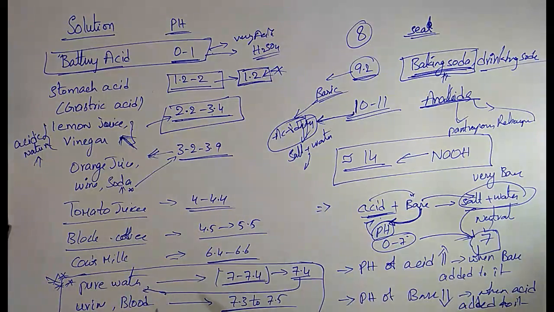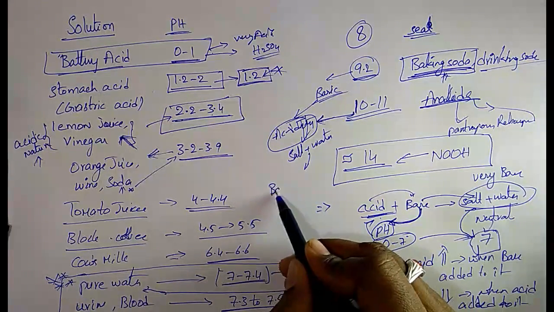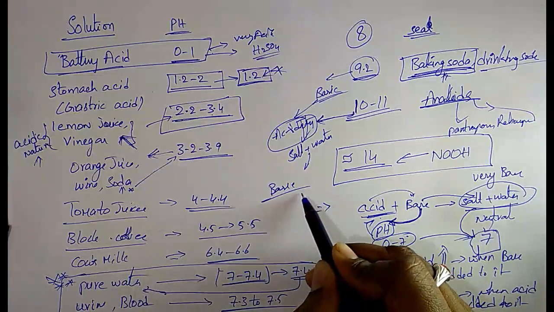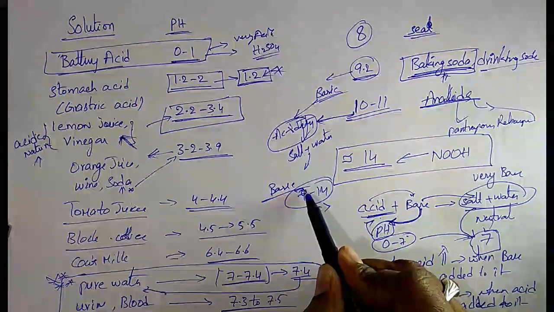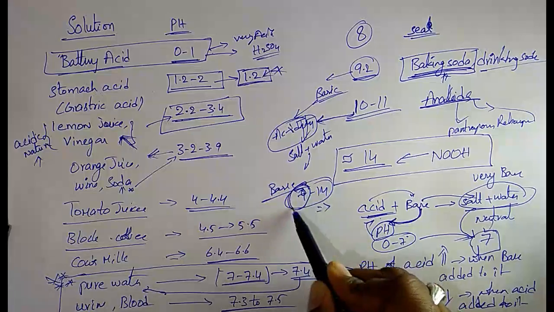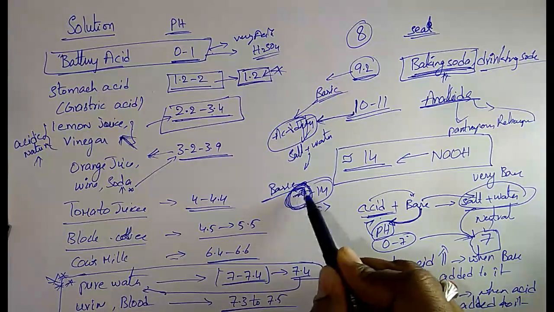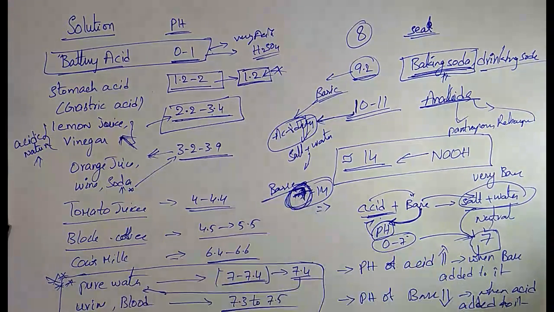We know that bases have a pH value of 7 to 14. The base pH value is reduced when we add the acid.